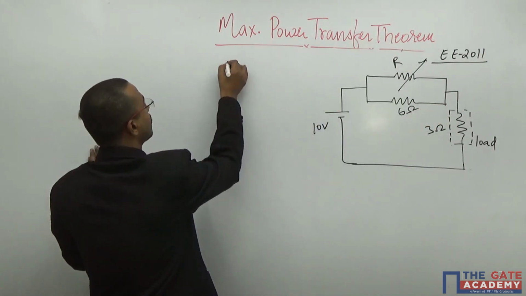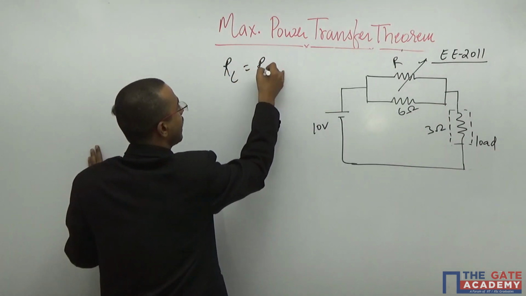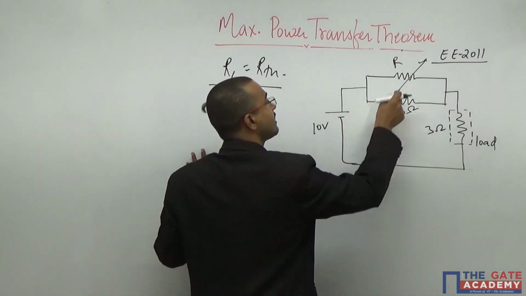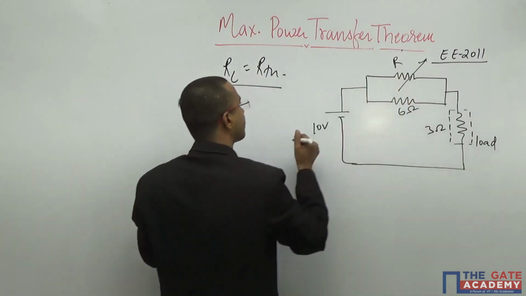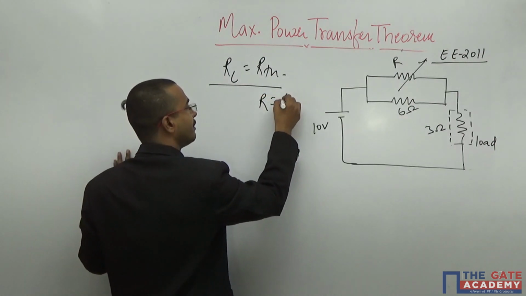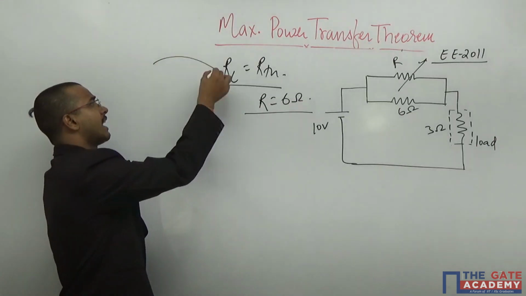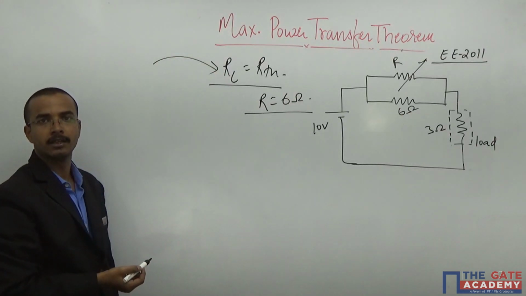That means they will try to apply this, RL is equals to RTH. And as you will do this, the 6 and 6 only give you the 3 here. That means according to them, the R value will be 6 ohm.